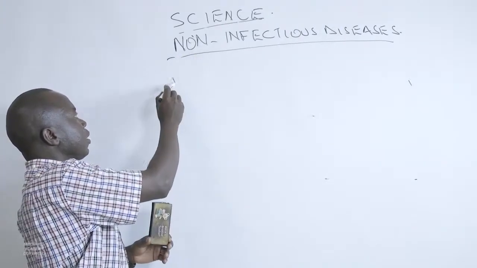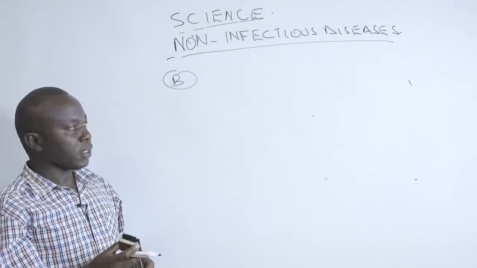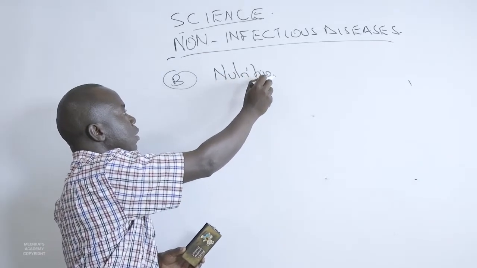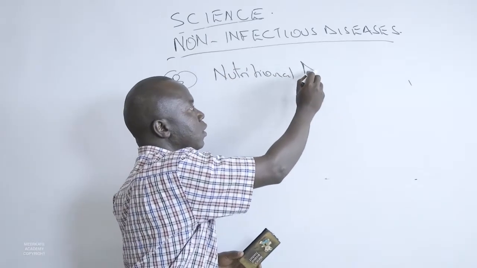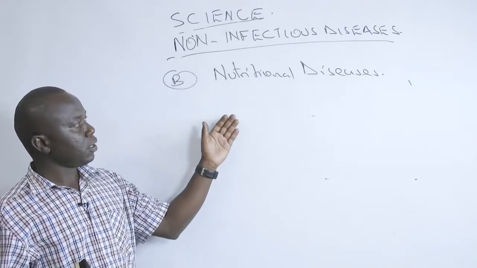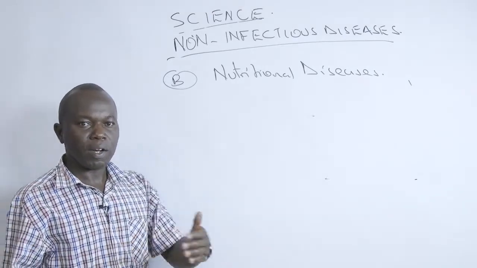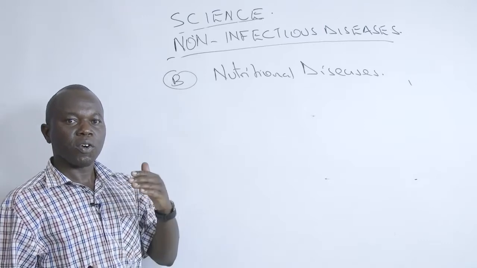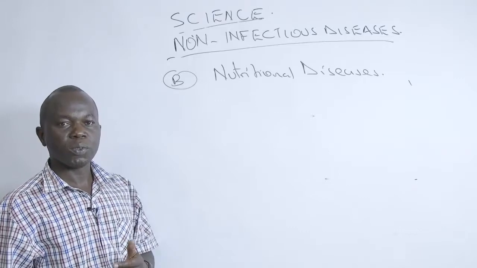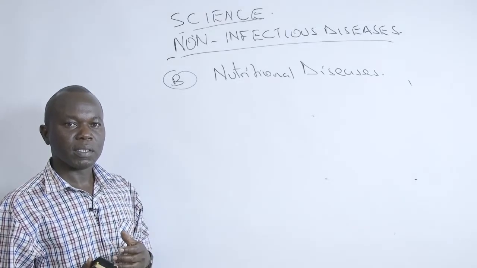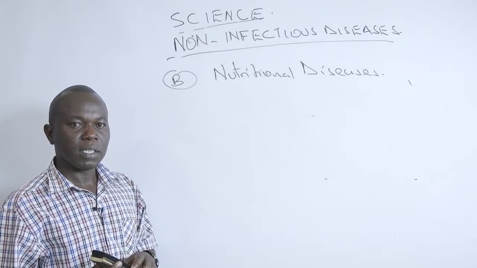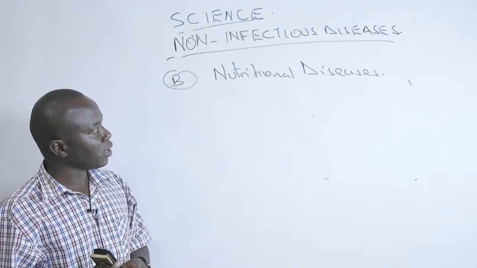The second category of the diseases are nutritional diseases. These are mainly due to either lack of some nutrients in the diet or excess of the nutrients in the diet. If, for example, you go to the developing world, you realize that one of the major challenges of developing countries is putting food on the table.